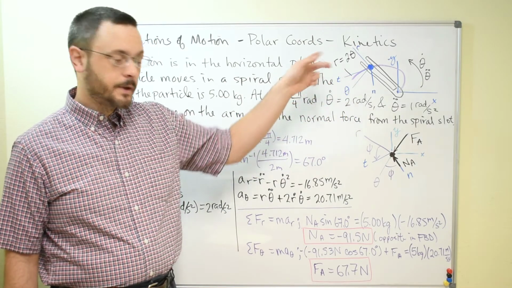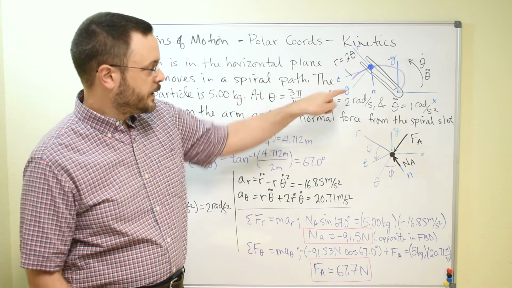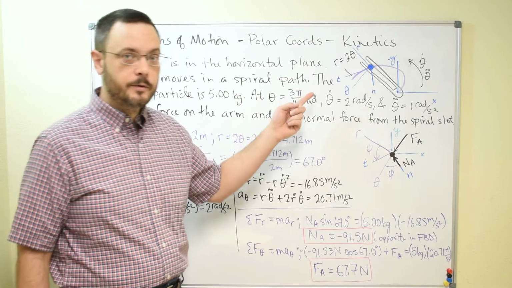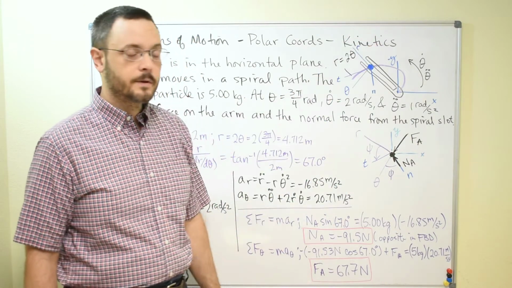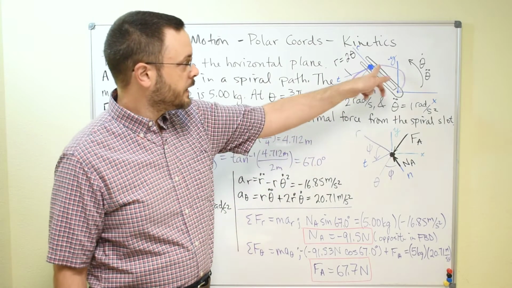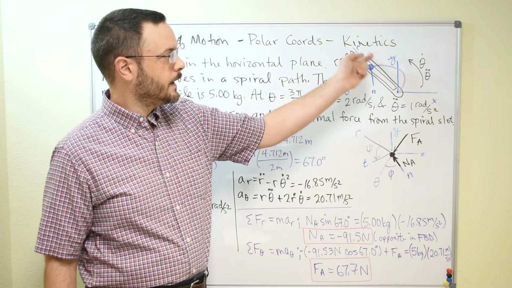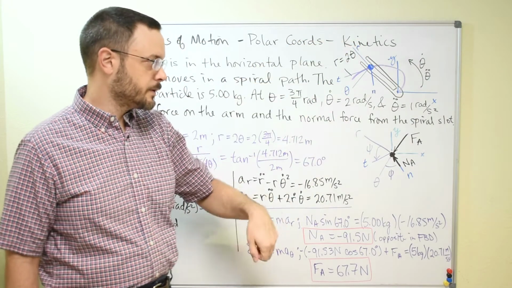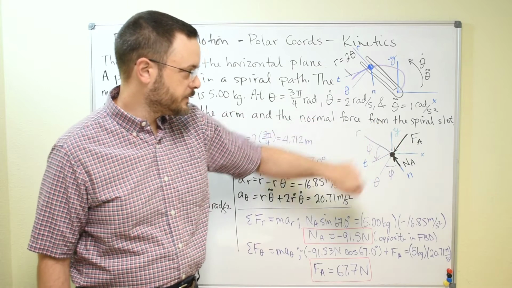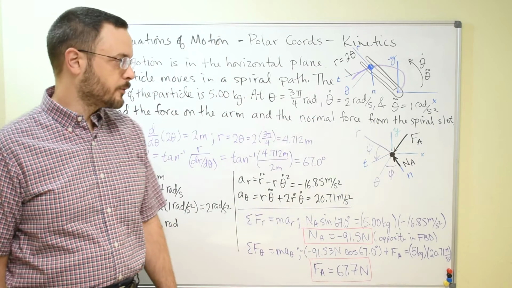The force could be on either side, but it's going to be in the direction of increasing theta, or in the opposite direction of increasing theta, because that's where the arm contacts the particle. It's in the r axis, and so the normal force goes perpendicular to that. That would be in the theta direction. So I just drew it in the positive theta direction and called it FA, force, and then A for arm.